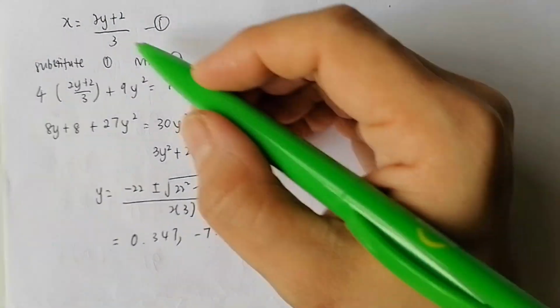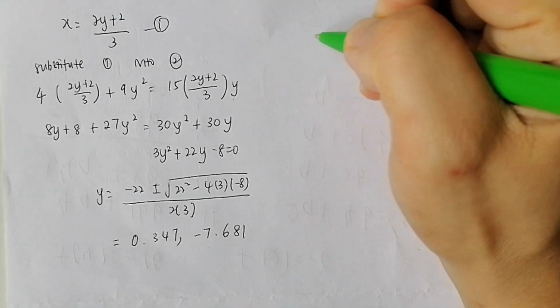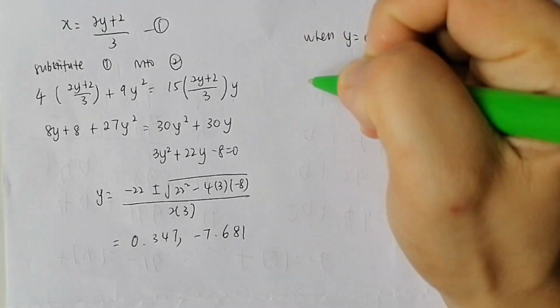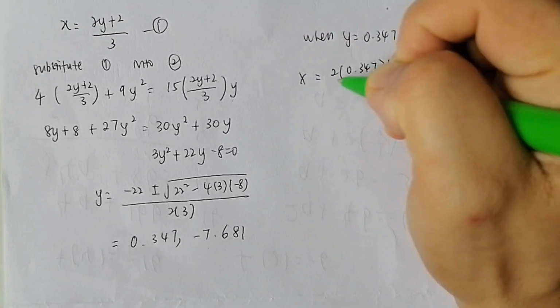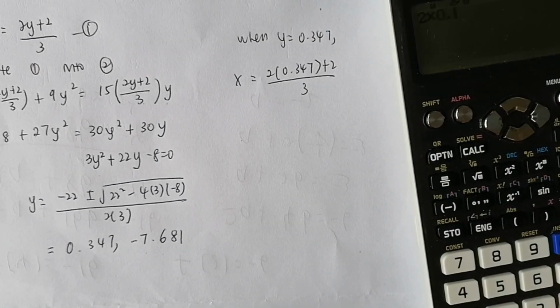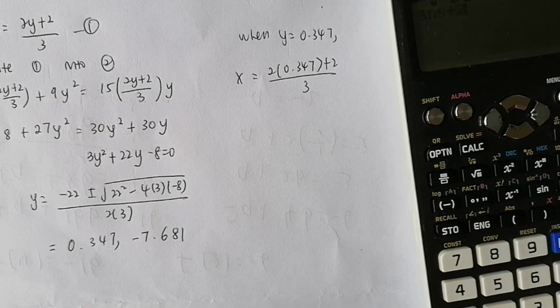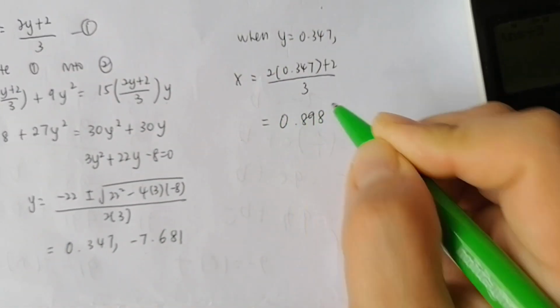Now we substitute into equation 1 again to get back the value of x. When y equals 0.347, your x will be 2 times 0.347 plus 2, divided by 3. The answer will be 0.898.